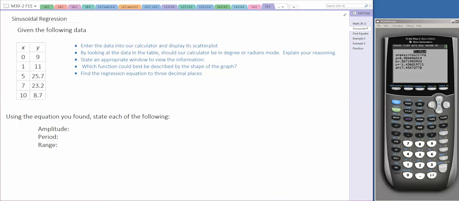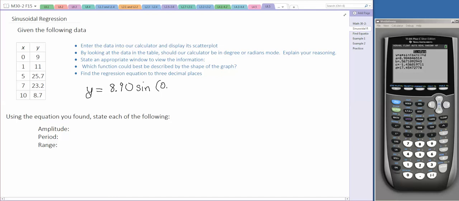The B and the C are a little bit different from what we talked about in our last class, but let's just record this. This is y equals A, which is 8.90, we're going to use the nearest hundredth at this point, times the sine of, and notice here on the calculator B is inside the brackets. So our B value is inside.